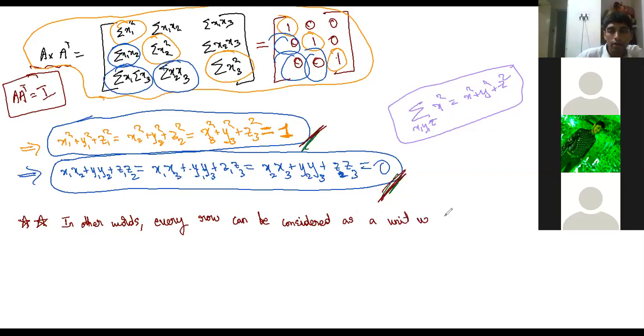In other words, every row can be considered as a unit vector.